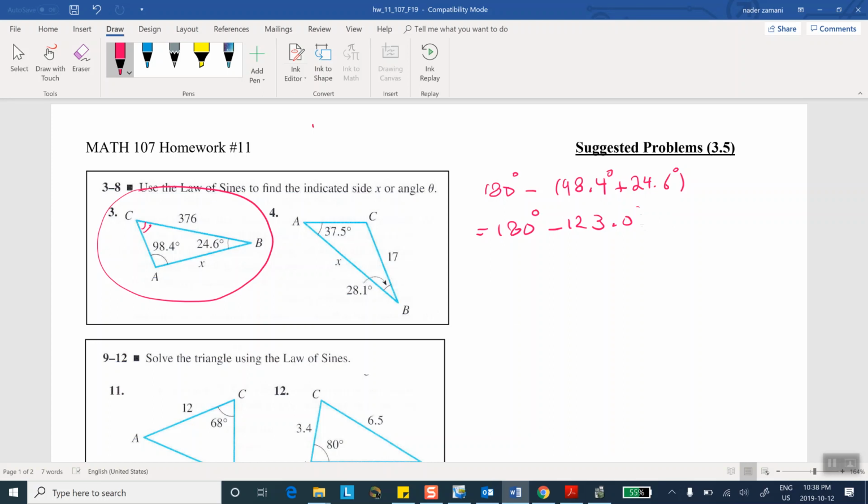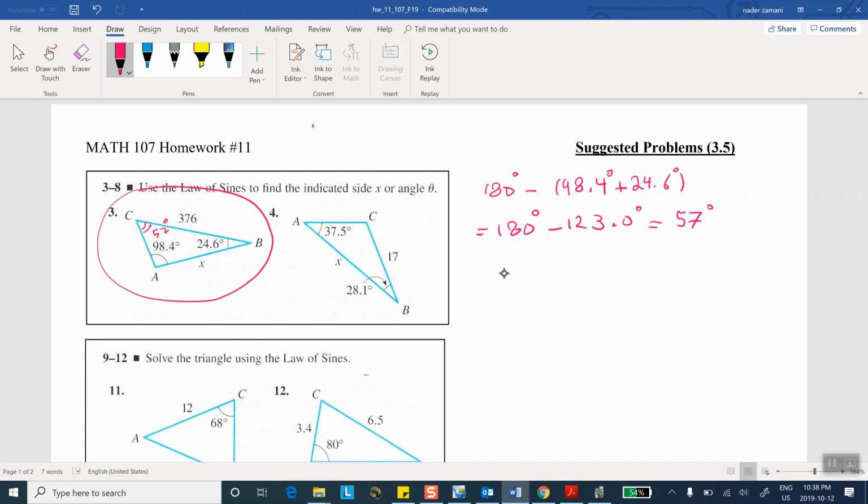Let's do this thing right. 4 and 6 is 10, 5 and 8 is 13, 1 plus 2 is 3, and 3 and 9 is 12. Oh, that's correct. So this is equal to 57 degrees. Is that right? Yeah, 57 degrees. So this angle is 57 degrees.